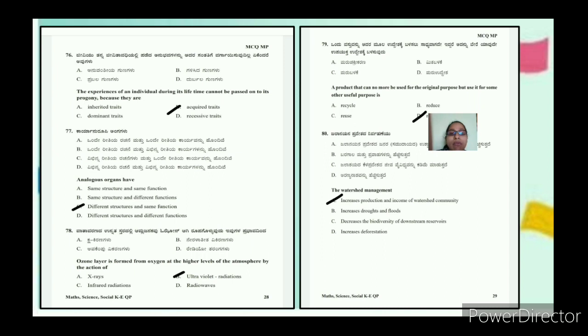Analogous organs have, what are analogous organs? They have different structures but the same functions. Ozone layer is formed from oxygen at higher levels of the atmosphere by the action of. So it is by the action of ultraviolet radiations.